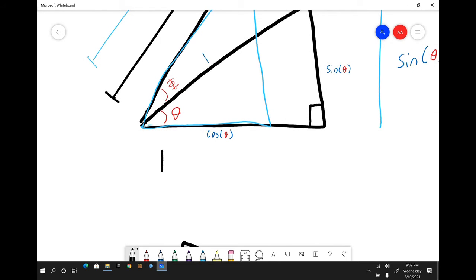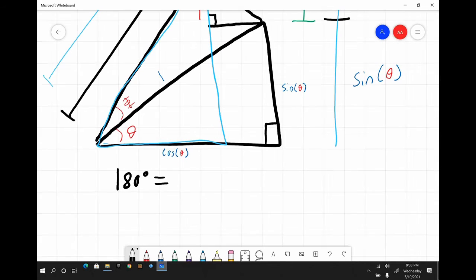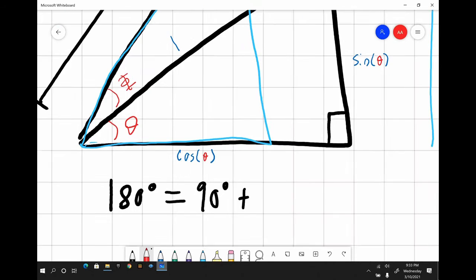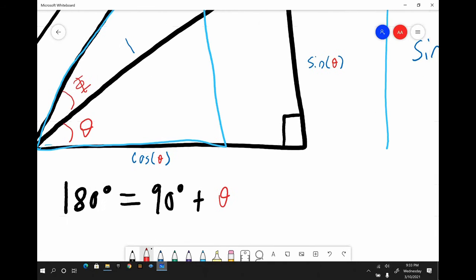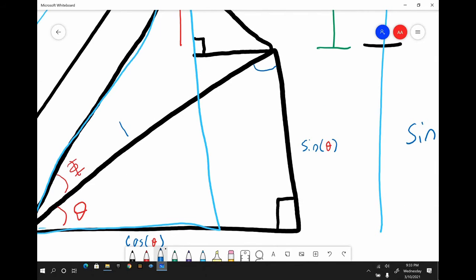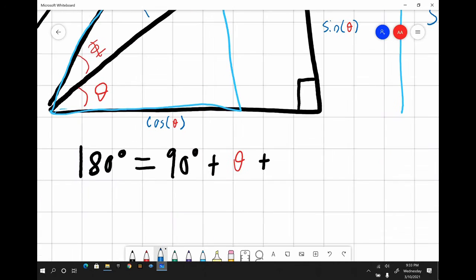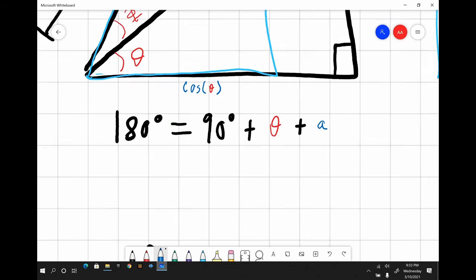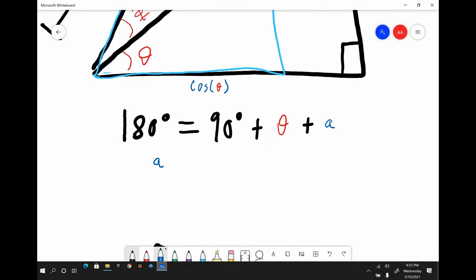We know that a triangle needs to have 180 degrees, and for our bottom right triangle, that'll be equal to the right angle, which is 90 degrees, plus theta plus some mystery angle, which I will label as A. And solving for A, we'll get that that is equal to 90 degrees minus theta.